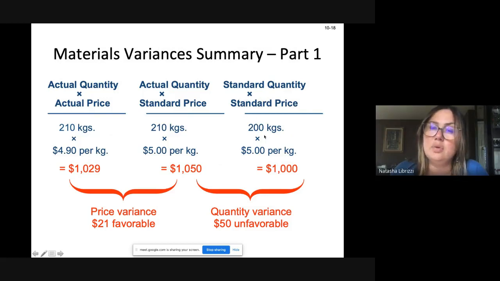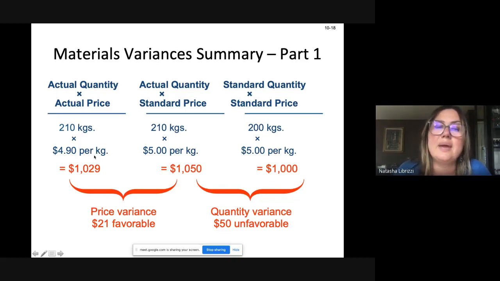Now, what should you have used? You should have 200 kilos, right? Times $5 per kilo. So you should have spent $1,000 making your parkas. However, you end up using 210. But do you see how we're pricing this at a standard price? And this is very important.